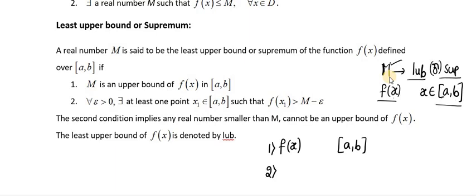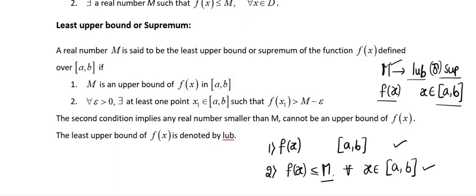Second point is f of x is less than or equal to capital M for all x belongs to closed interval a comma b. Whenever these two conditions are satisfied, then we are going to say M is an upper bound of f of x in closed interval a comma b.